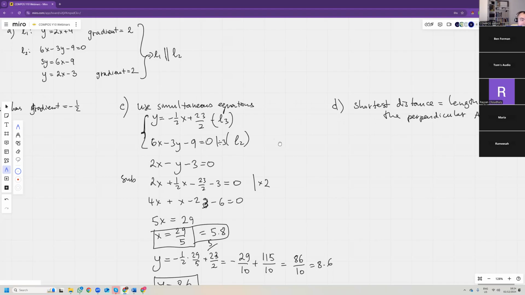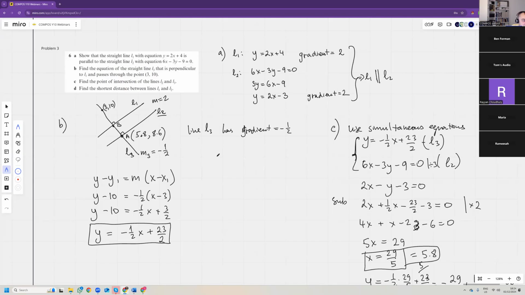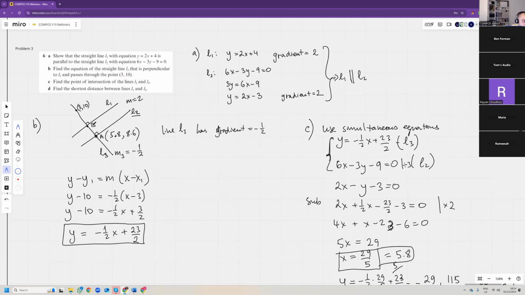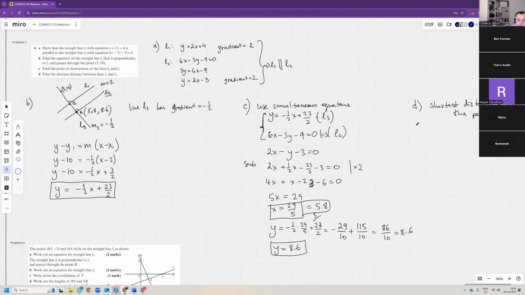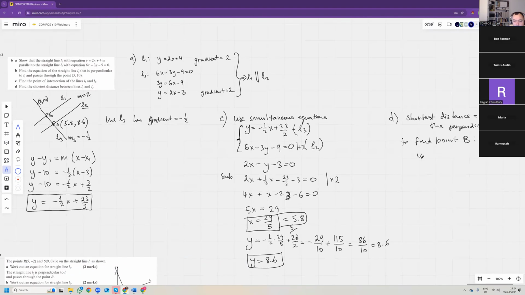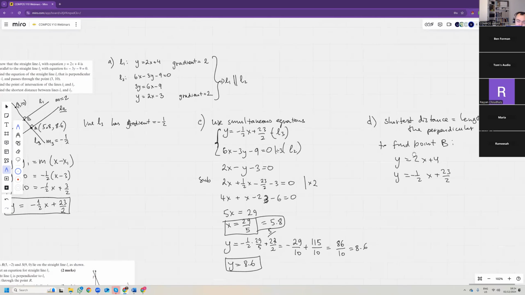AB. So we found point B. We need to find point B. And point B is the intersection. So to find point B, we solve simultaneous equations. y equals 2x plus 4, and y equals minus a half x plus 23 over 2.